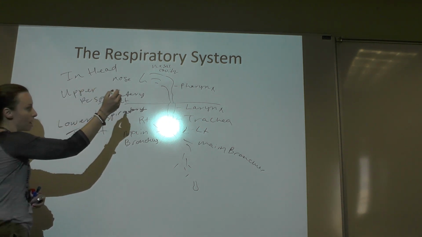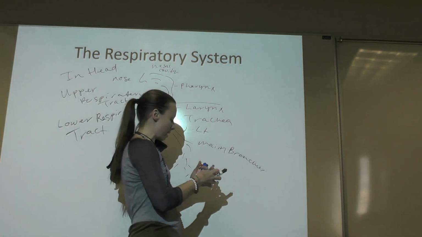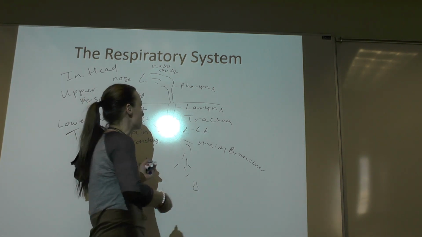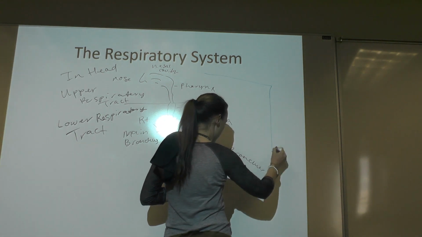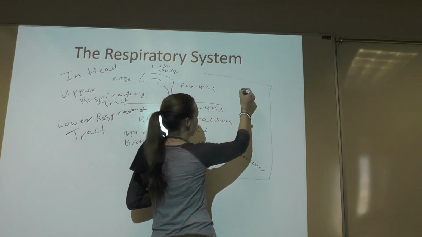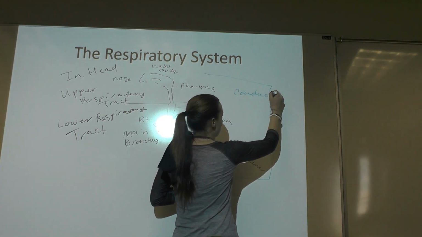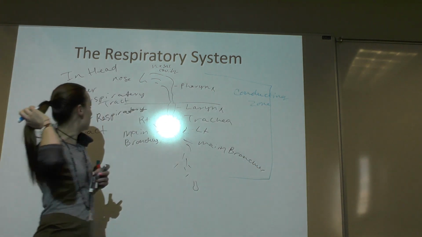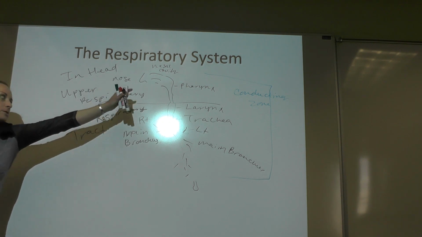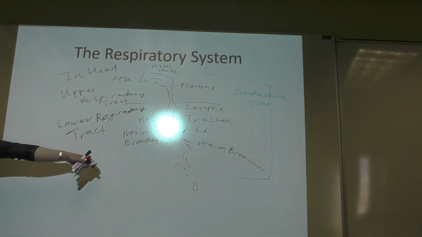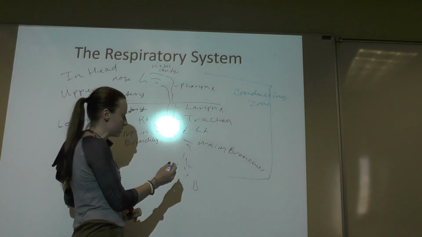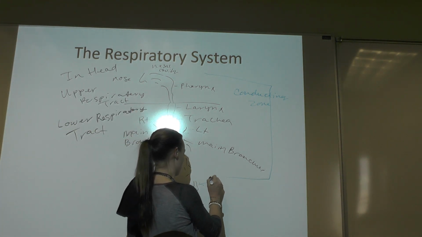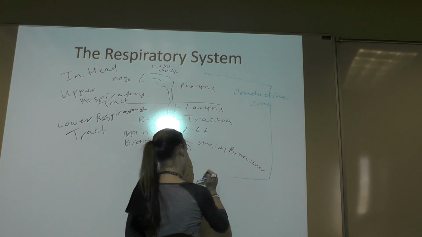And all of the structures that are bringing air into the alveoli where gas exchange is actually going to occur are considered structures that are part of what's called the conducting zone. So these are all of our conducting zone structures, from the nose through the nasal cavity, the pharynx, the larynx, the trachea, all the way through our bronchial tree until we get down to these very teeny tiny little things called respiratory bronchioles.